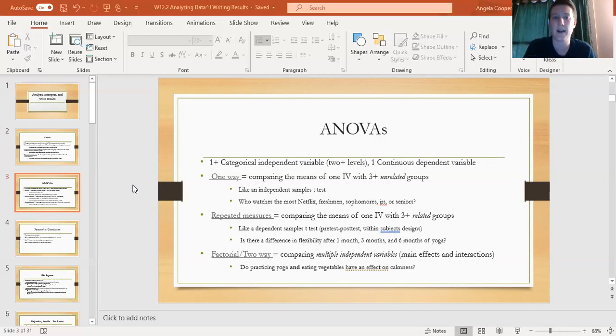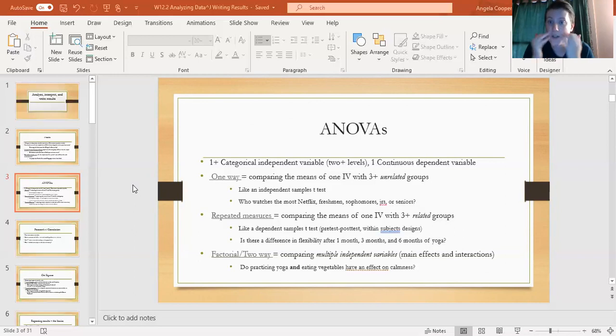So we have a one-way ANOVA, repeated measures ANOVA, and a factorial/two-way ANOVA. With a one-way ANOVA, we have only one independent variable, so class, right? And 3 unrelated groups. So our class, Greenwood's class, and another 144 professor would be Dr. Price.